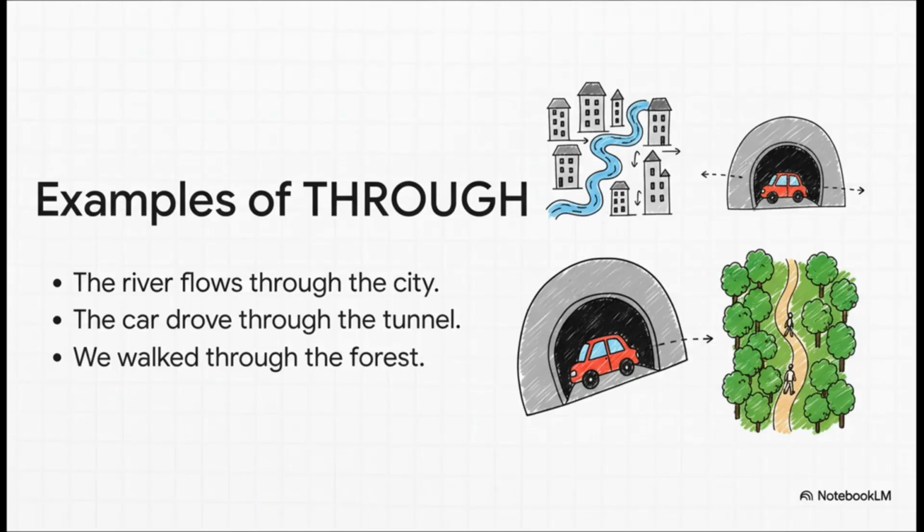The river is flowing within the city's boundaries. The car is physically inside the tunnel. We were surrounded by trees as we walked through the forest. That's the huge difference. Across is over a surface, but through is inside a space, a volume.